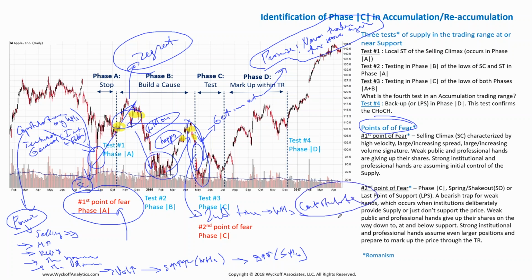Now, this is going to be less of a capitulation, and it's going to be more public capitulation than institutional. Why? Because institutional weak hands are much better learners. They are much more adaptive, because if they don't adapt quicker, they're going to lose their job, they're going to lose their salaries.